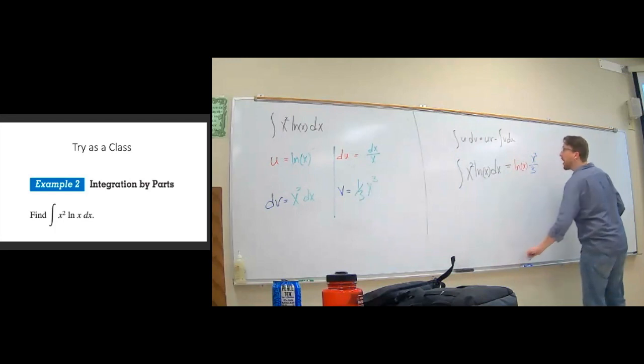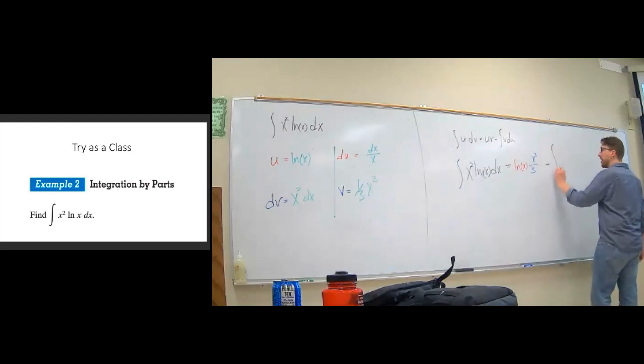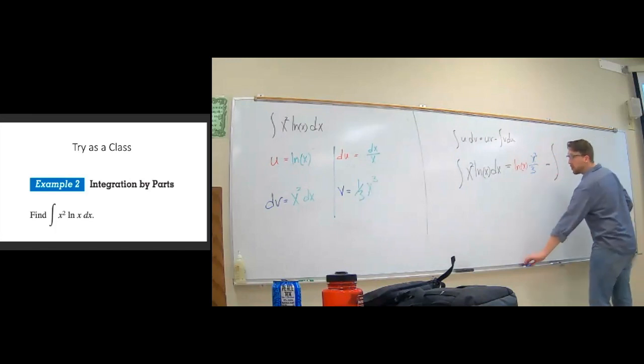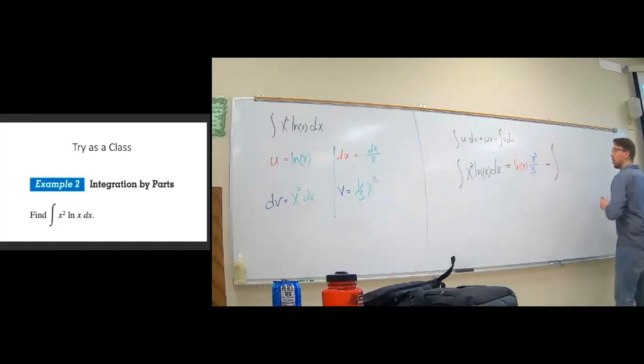Now we're going to subtract the integral of, well, v, we just said is 1/3 x to the third, and du is going to be dx over x. Or we can rewrite this as 1/x times dx.